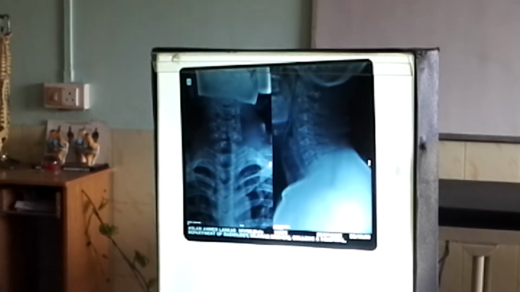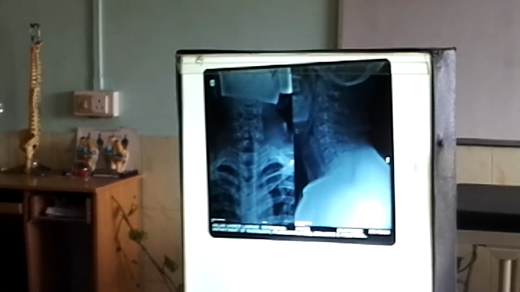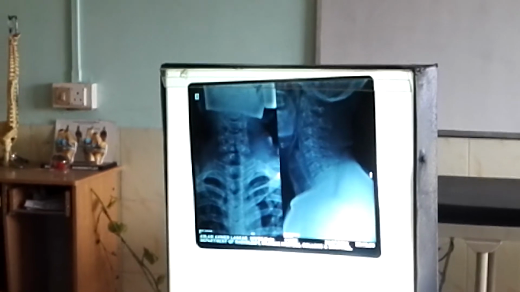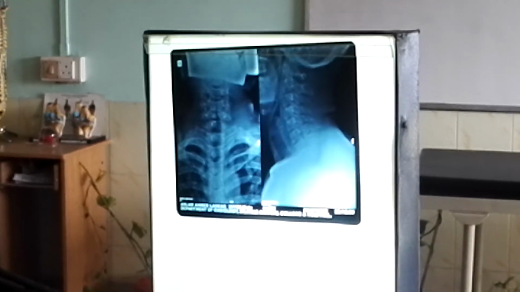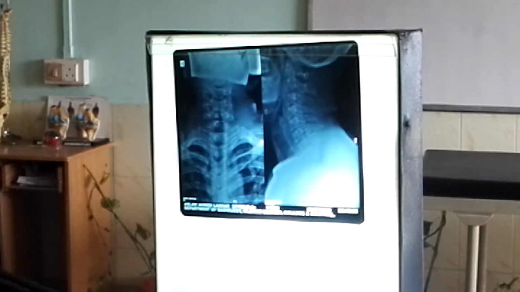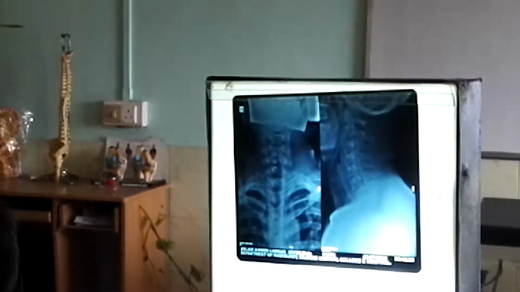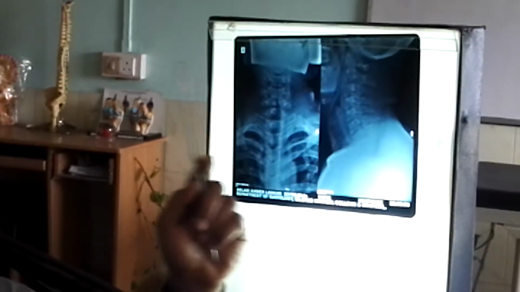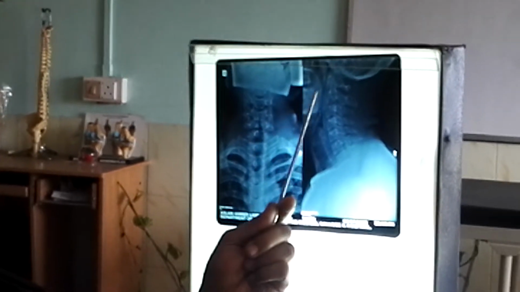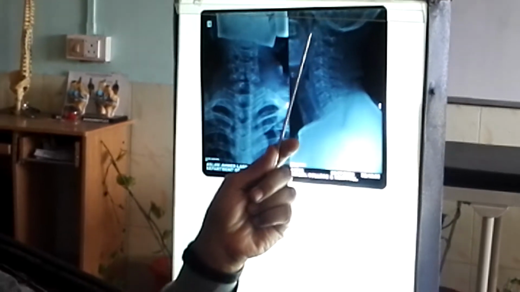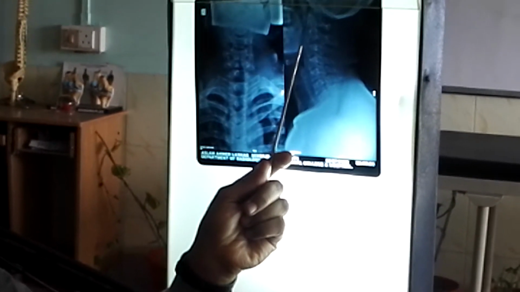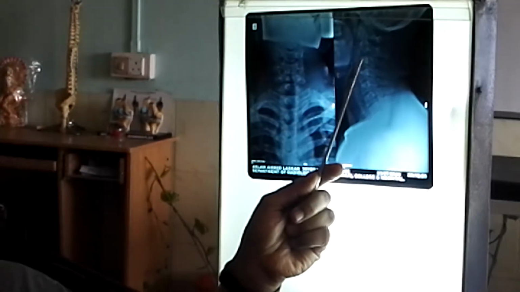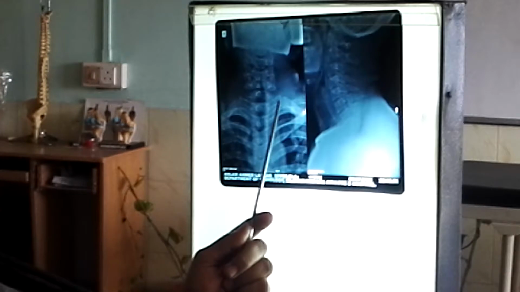In A, one thing I have not mentioned is the prevertebral soft tissue, or retropharyngeal soft tissue shadow. It speaks about any collection beneath. You have to know that the retropharyngeal space soft tissue at C1, C2 is a bit high, almost 7 mm. But in the C2, 3, 4 area it is less, because of the nasopharynx area.